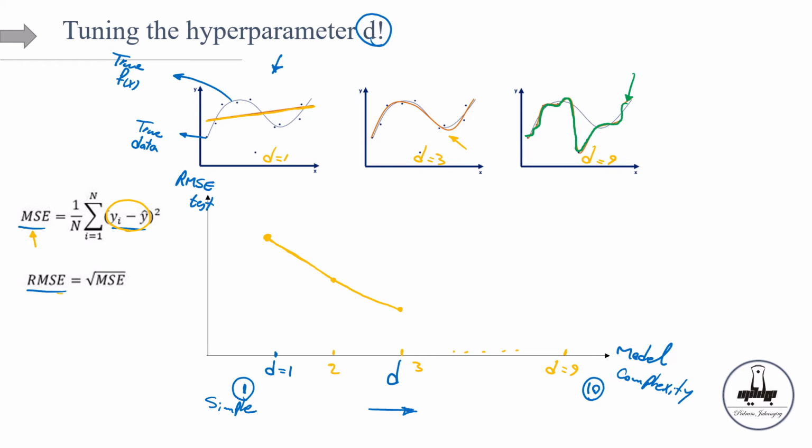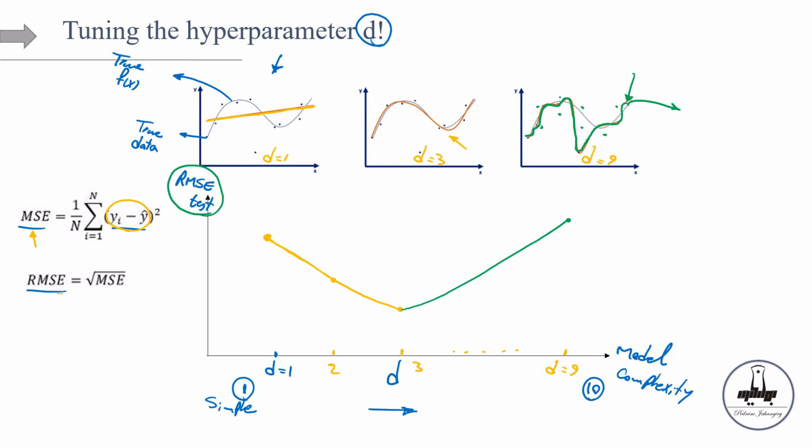before. So this means that if I take this green curve and throw the test set at it, maybe the test set is going to be something like this. And as you can see, the model is going to be way off in the test set. And for that reason, the RMSE in the test set is going to increase. So in general, we see a kind of U shape or elbow shape when you're plotting the RMSE of the test set with respect to the complexity of the polynomial regression model.